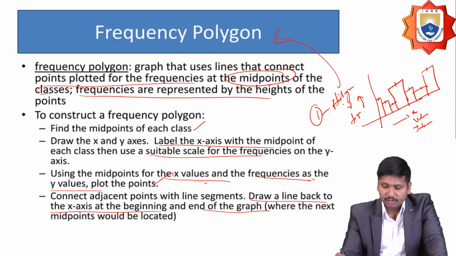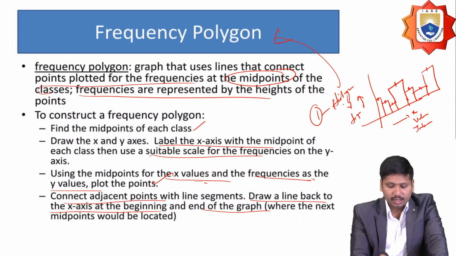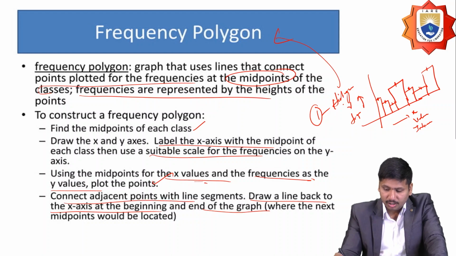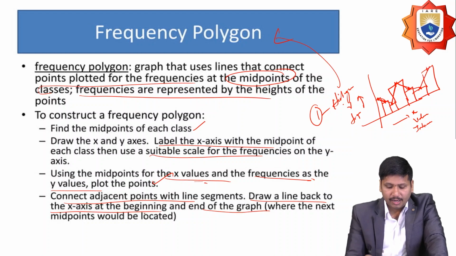By making use of this, I can identify the midpoint of each and every bar. Once the midpoint is identified, connect the adjacent points with a line segment. We have to join these midpoints with a line like this, and construct it like this. Then draw the line back to the x-axis at the beginning and ending of the graph.